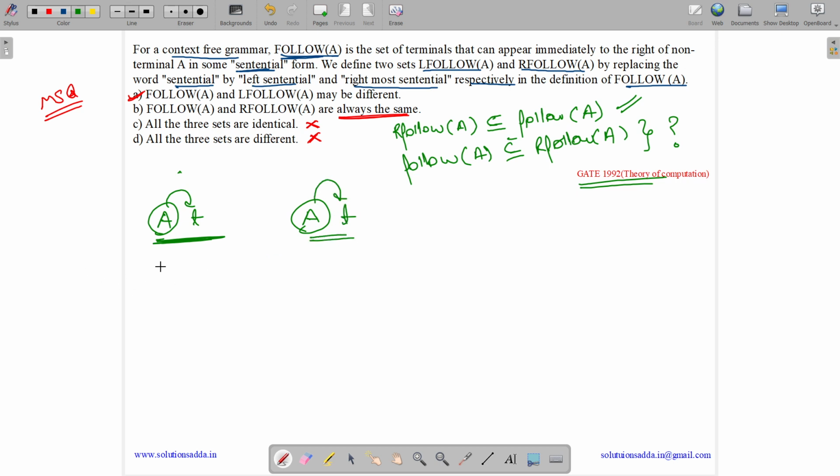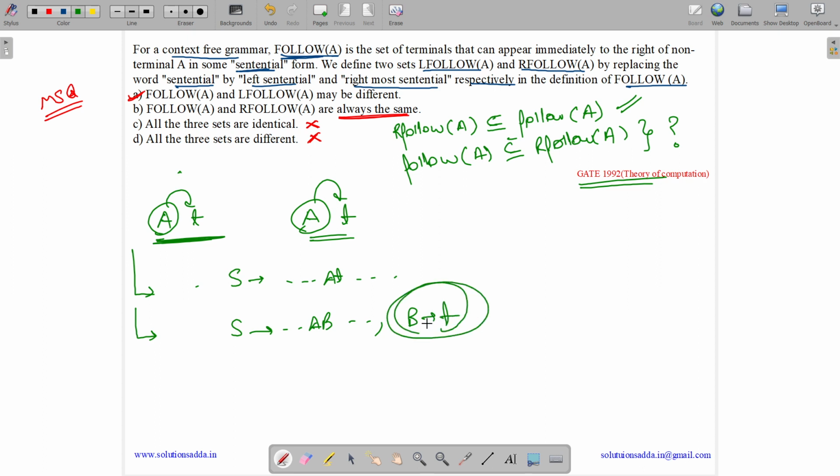In which case can this happen? Either T is already in the grammar, like T is already there in the production like this, S implies AT, or T is produced by some reduction, like if we have S implies AB and B implies T, which means T is produced by some production.